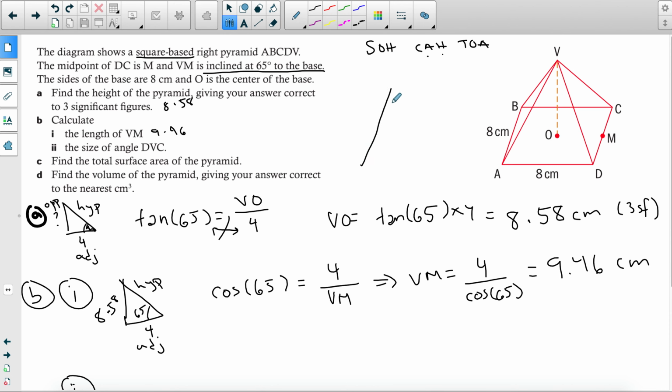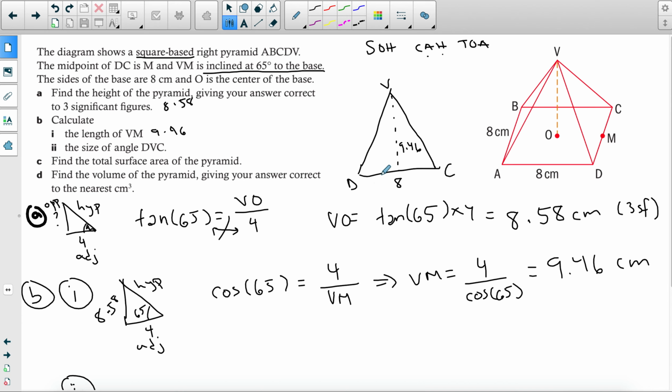So I'm just going to draw the face of this triangle. We have DVC, and we have this length as 8, and we don't have DV or VC, but we have VO and VM. So we have this length, VM, as 9.46.